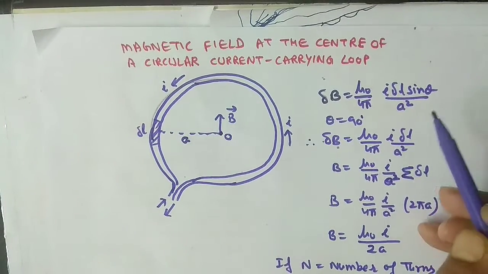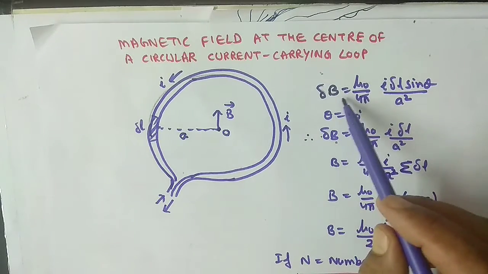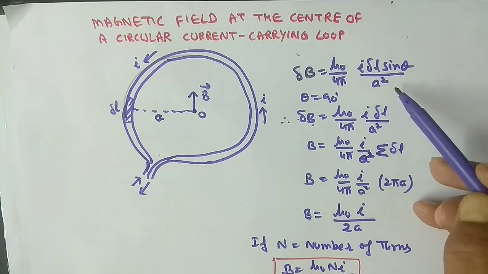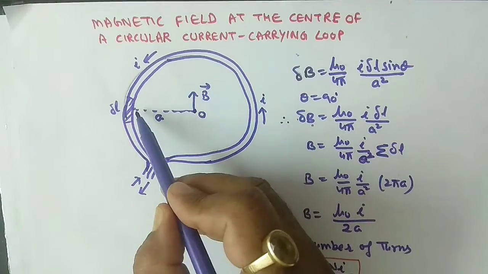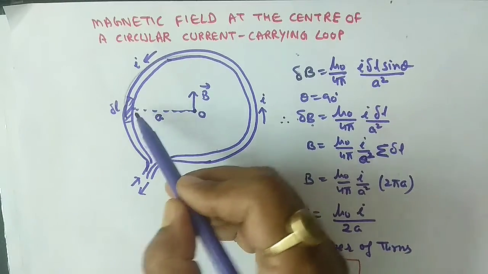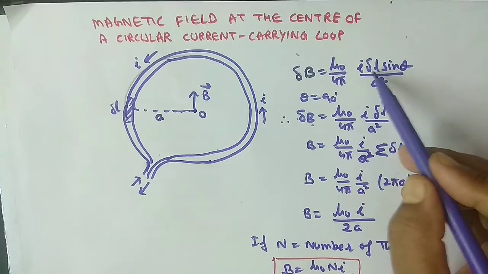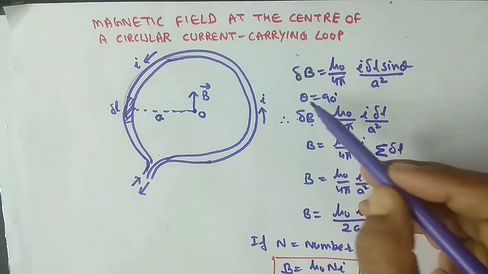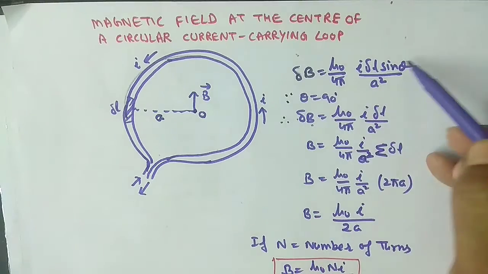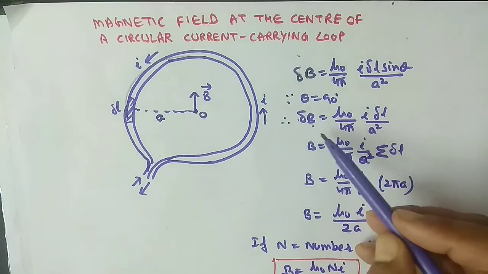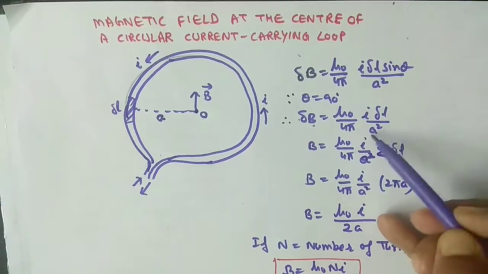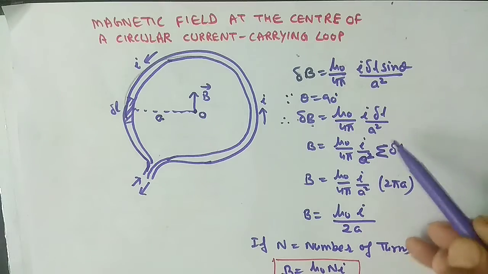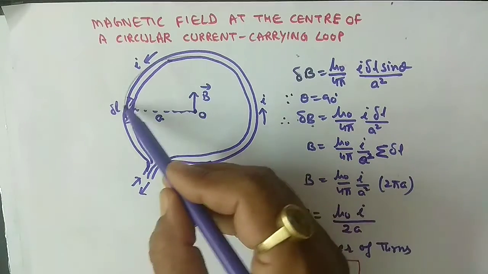So using the Biot-Savart's law, write the formula del B is equal to mu naught upon 4 pi, I del L sine theta upon a square. And here the angle between the del L and this line joining is 90 degrees. Clear? So theta is 90 degrees, therefore sin 90 is equal to 1. So del B is equal to mu naught upon 4 pi, I del L upon a square. Now keep out the constants and take the integration of this, because this is a small length.